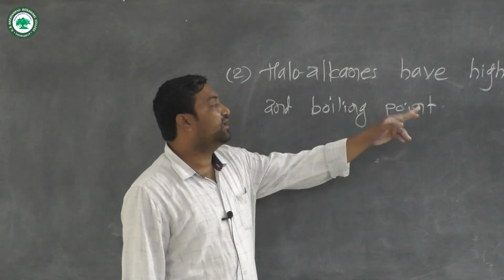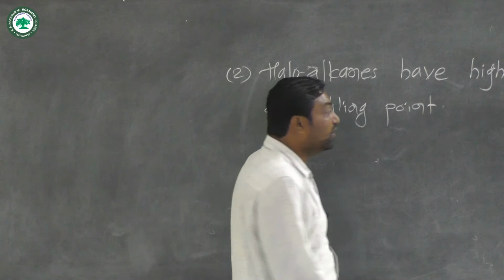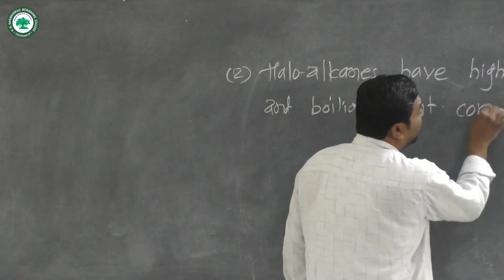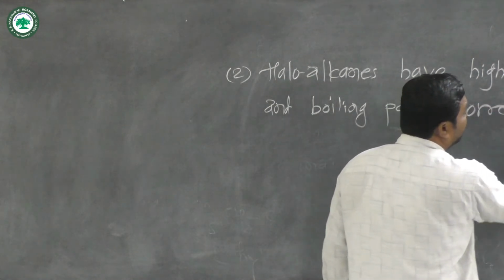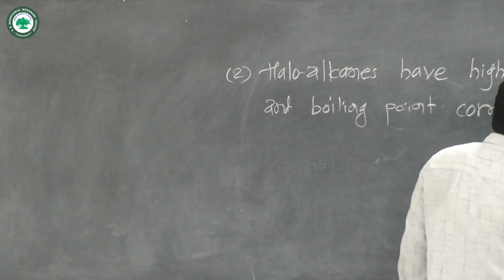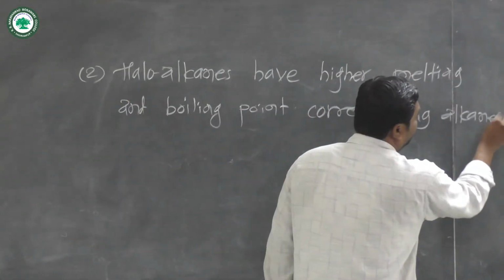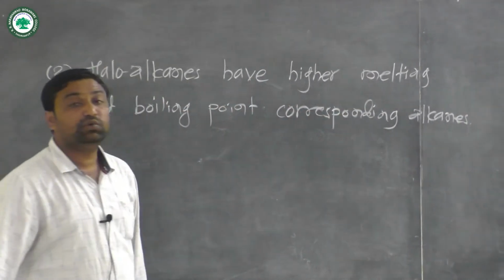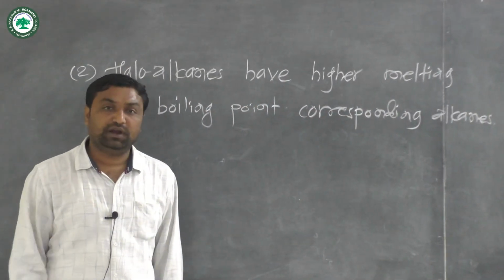Haloalkanes have higher melting and boiling points than the corresponding alkanes. Due to what? Due to their higher molecular weight.